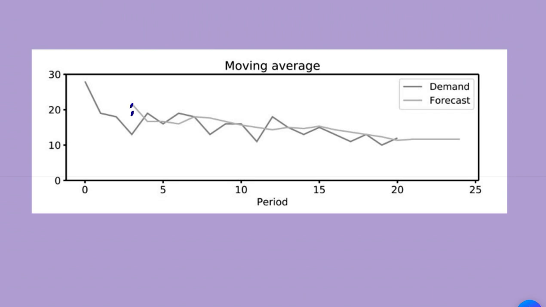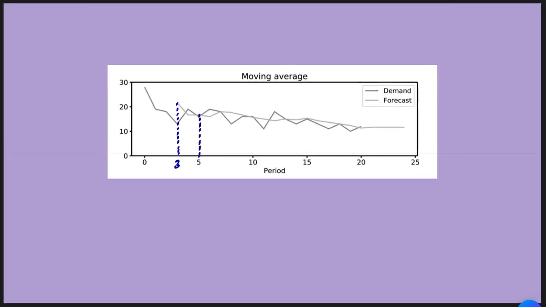If you look at the points on the graph, you can see that is why the forecast started from the third point itself. If we had taken n equals 5, it would start from over here. So n equals 3 or n equals 5 denotes how many values we take the average of in order to predict future demands.